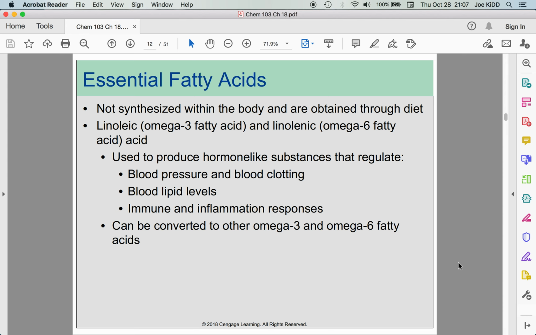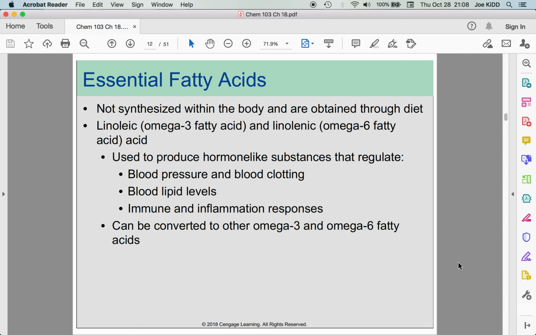So when we say something is essential, we'll see this a few times in this unit. When anything is essential, it's something that our body cannot make, is not synthesized within our own body, and needs to be obtained through our diet. So linoleic acid and linolenic acid, these are omega-3 and omega-6 fatty acids. Again, these are things that we cannot produce on our own and that we obtain through our diet.